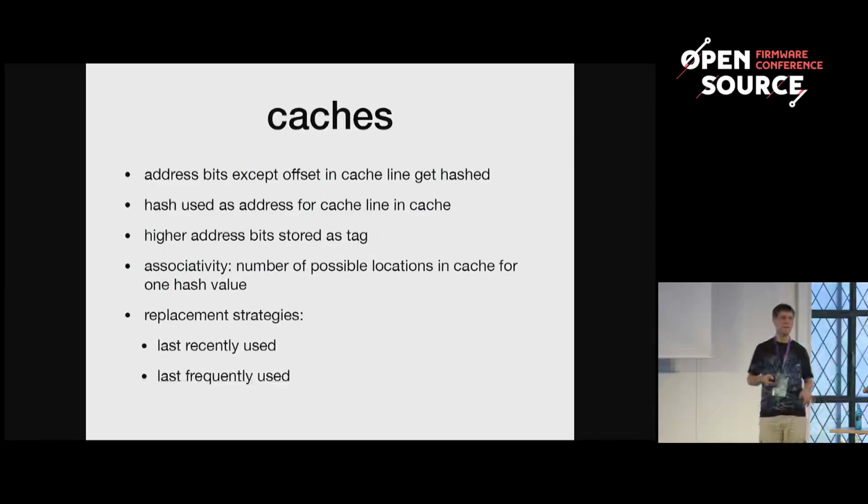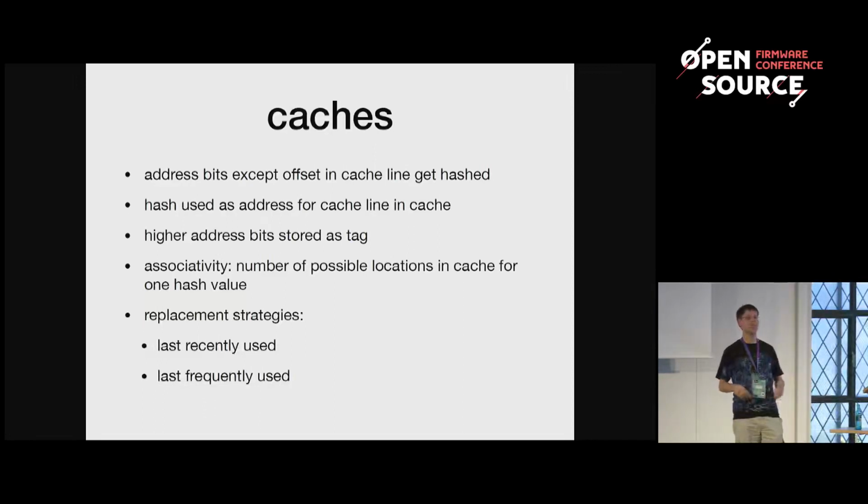And the lower address bits address the offset in the cache line, and the higher address bits get hashed, but it's not a cryptographic hash. It's more like some address bits get XORed together. Then this hash is used to see in which position in the cache the line can be put.